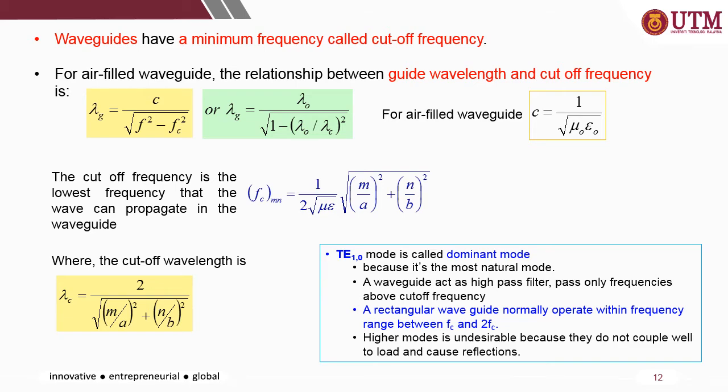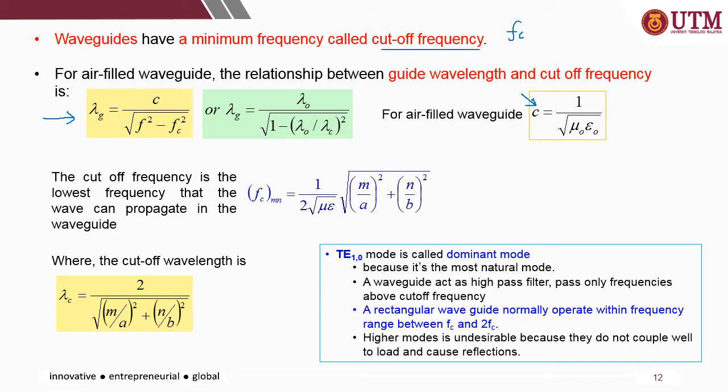Next, the waveguide has a minimum frequency called the cutoff frequency, FC. For a filled waveguide, the relationship between the guide wavelength and cutoff frequency is as shown. Lambda g represents the guide wavelength, and c is the speed of light.